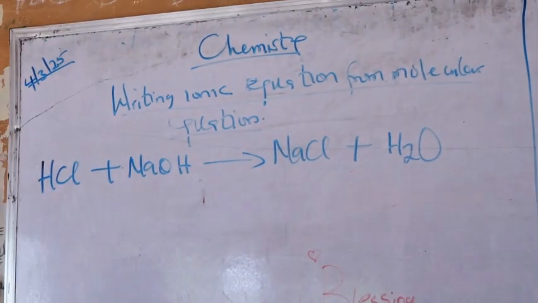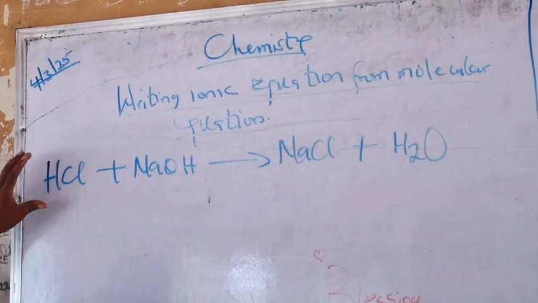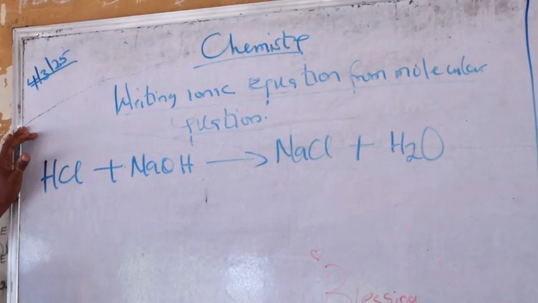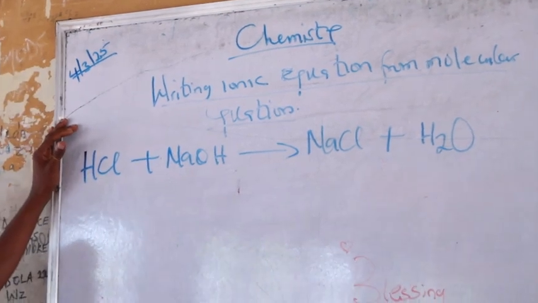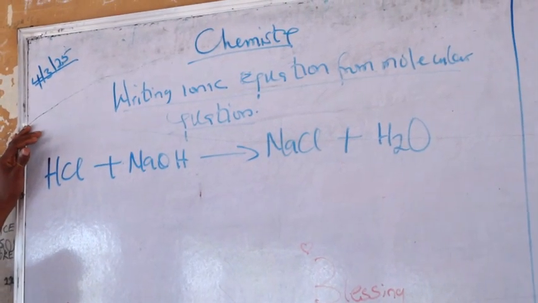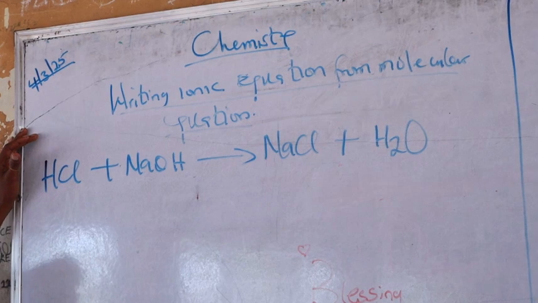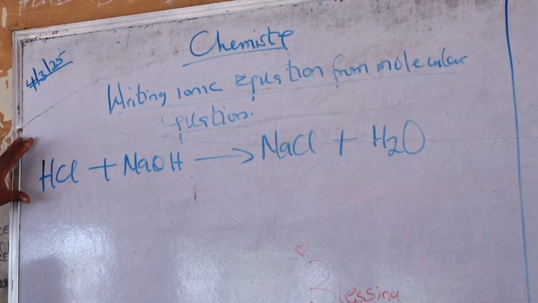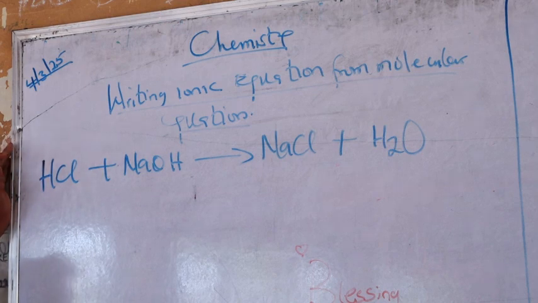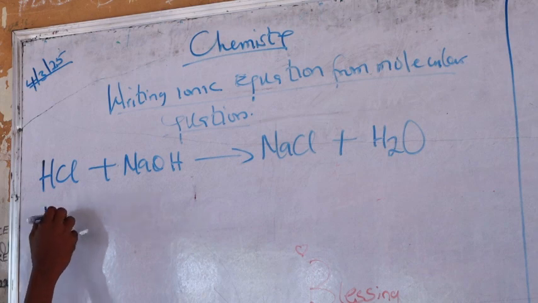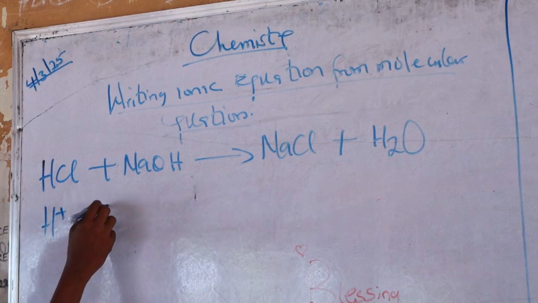What type of electrolyte is HCl? The strong electrolytes could be an acid, base, or salt. Is it a weak or strong electrolyte? It's a strong electrolyte. So automatically it will dissociate into hydrogen ion, and we have what? Chloride ion.